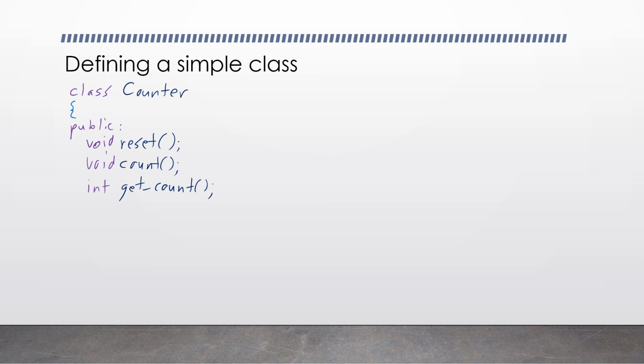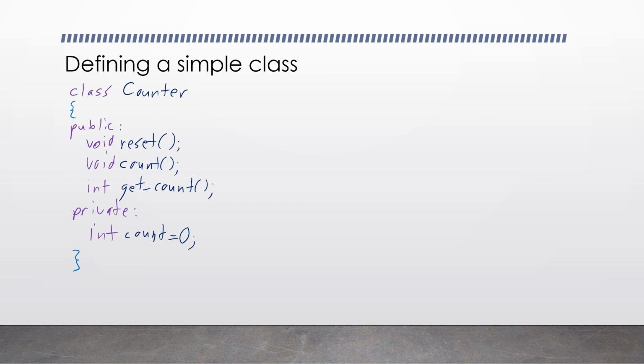Okay, and then we'll have private down here our data, which is int count, whatever our current count is. Starting in C++11, we can auto-initialize count to 0, so that when we create a new counter, that count is automatically initialized at 0. But if you're using an older compiler, that won't work.